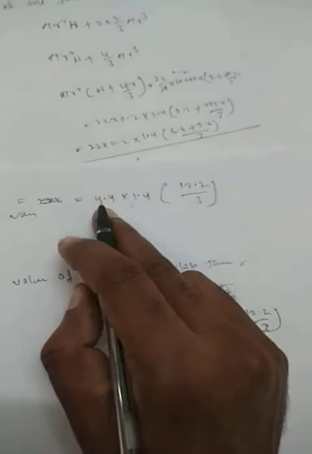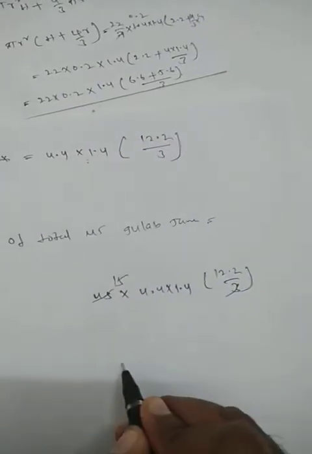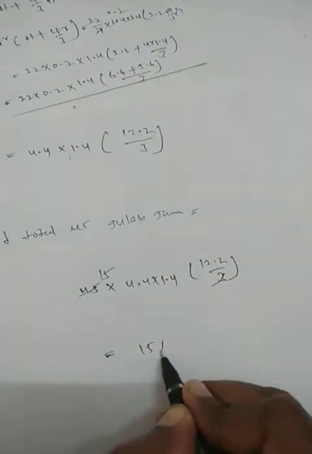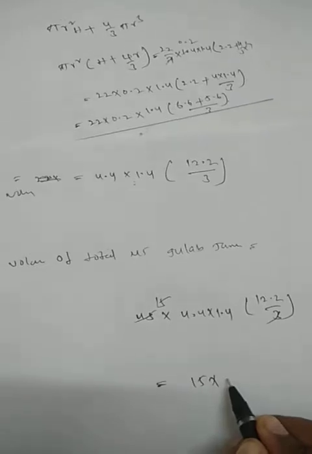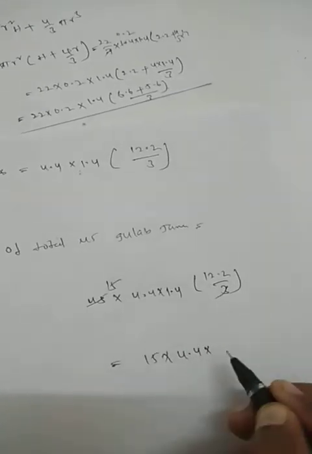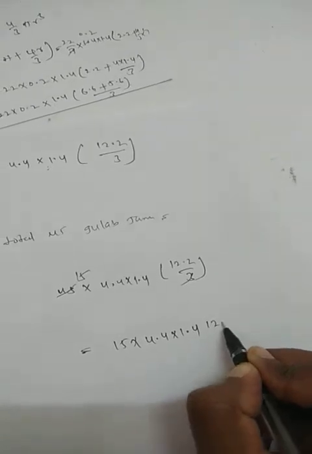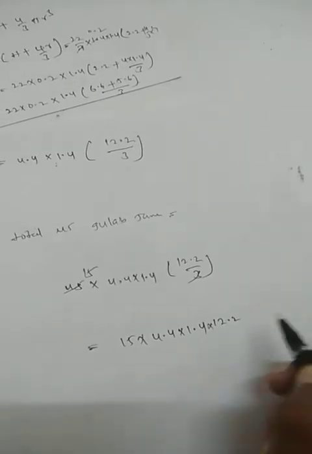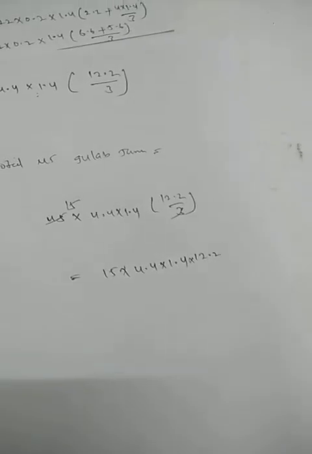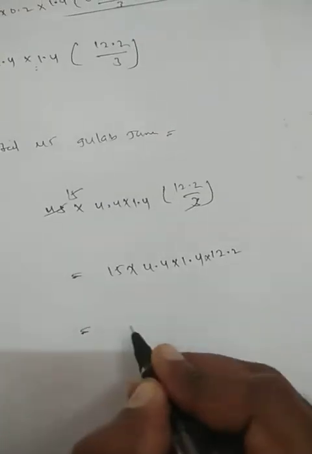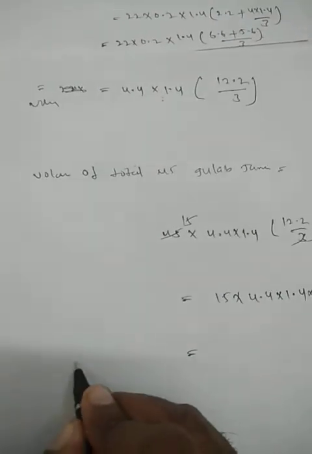If you simplify here again it will go to decimals, so that is the reason I did not force you to do it. So 15 into 4.4 into 1.4 into 12.2.